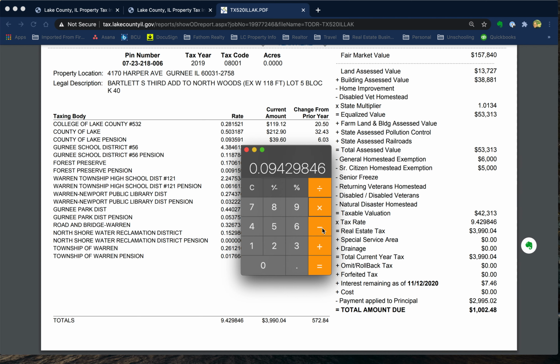So that is the tax rate, and that would be the tax bill. So the total current tax bill for that year was $39.90. If I purchased the property and I did not have the senior citizen exemption, that would be the tax bill. So every year taxes change, but this would be a good indication of what the tax bill would be.